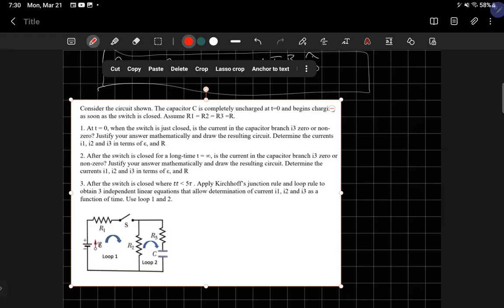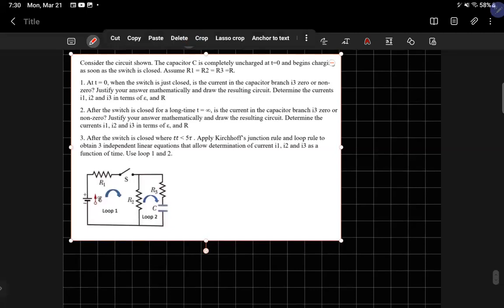Oh, my lordy. Okay. So, let's see if I can figure this out. Okay. 1, 2, and 3 are all R. Let's see. At time equals 0, the switch just closed.